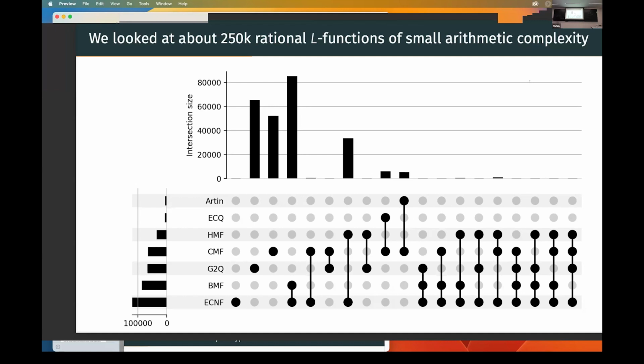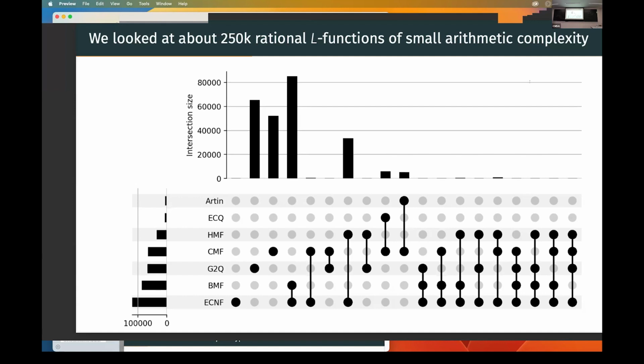For example, ECNF, which stands for elliptic curves over number fields, is quite dominant: about half of them can be described as coming from elliptic curves or number fields. But then there are also other things, for example genus 2 curves over Q, which in this data set are almost isolated. They come here alone, and there are a couple more times that they appear that you barely see in the plot. So there's some connection there, but our data set is a bit skewed.